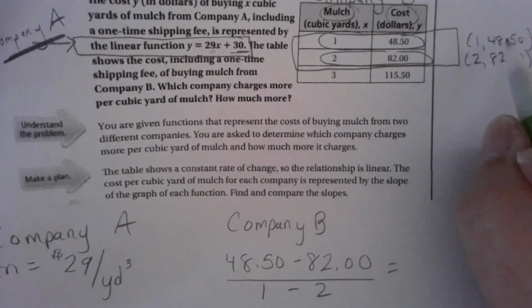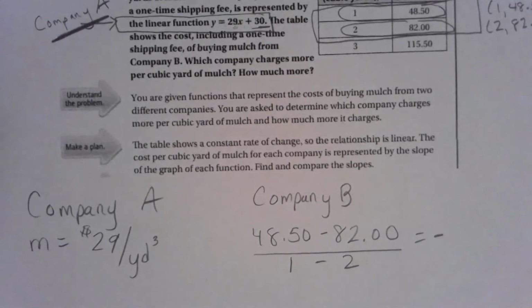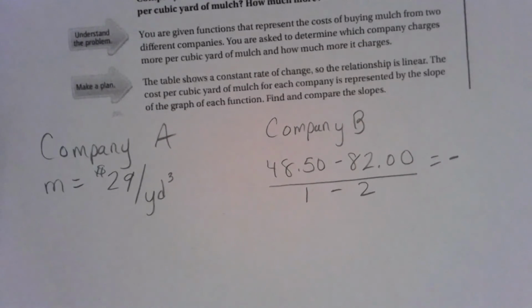So I just subtracted. Okay, so now I have negative. Oh, great, and I don't have a calculator with me. Let's see, can we do that in our heads? 50 cents to 49. So 49 to 82 would be 23. 23.50?